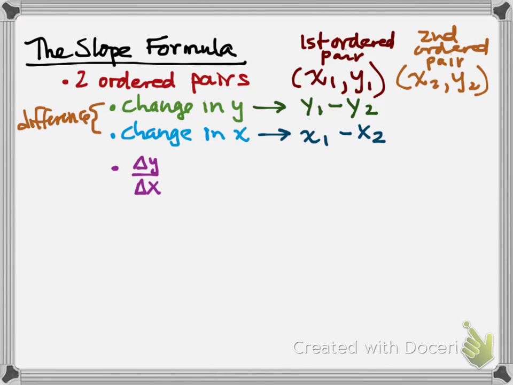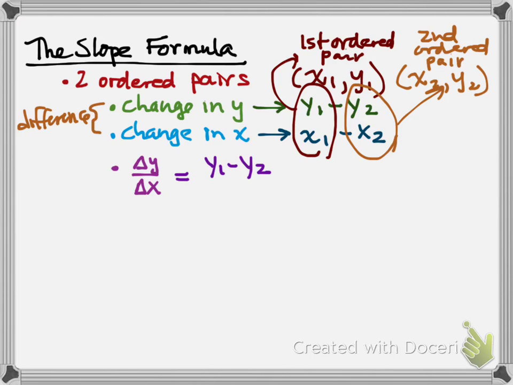These have to come from the same ordered pair, and the second group has to come from the same ordered pair. So if we put it all together, we get y sub 1 minus y sub 2 over x sub 1 minus x sub 2.